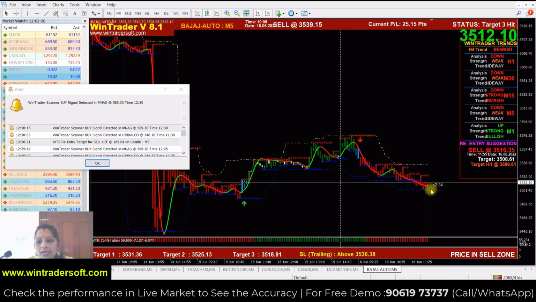If it breaks the support level, currently the support is 3502.60. The market rate is 3,510, and our support level is 3,502. If it breaks that support level, then the market will definitely go down again.